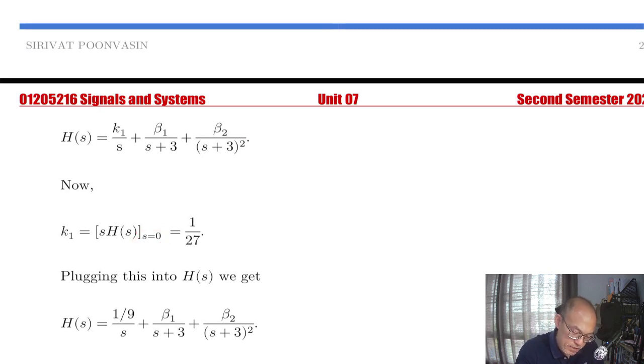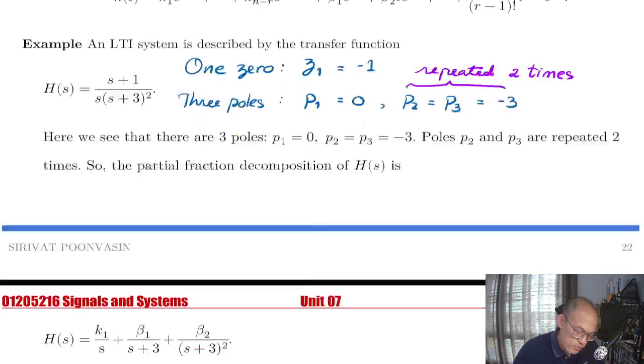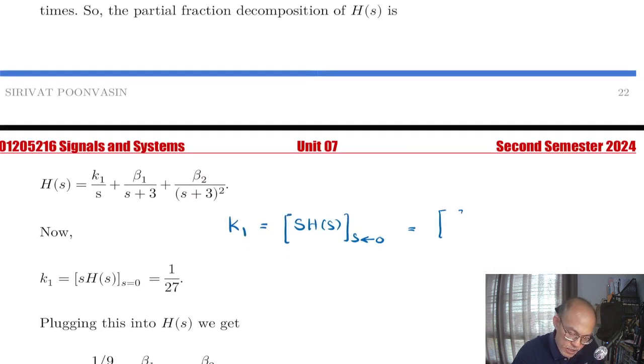So let's do it. k1 is s times H(s), and plug in s equal to 0. But H(s) is this guy, right? So when you multiply by s, this term will be dropped, so you are left with (s plus 1) divided by (s plus 3) squared, and then plug in s equal to 0.